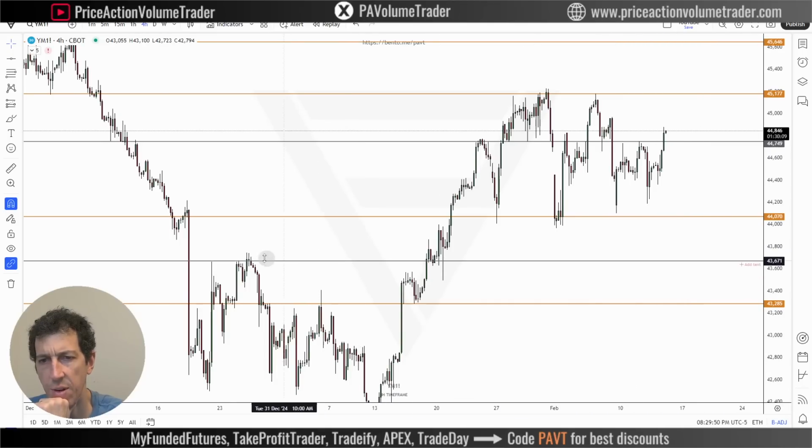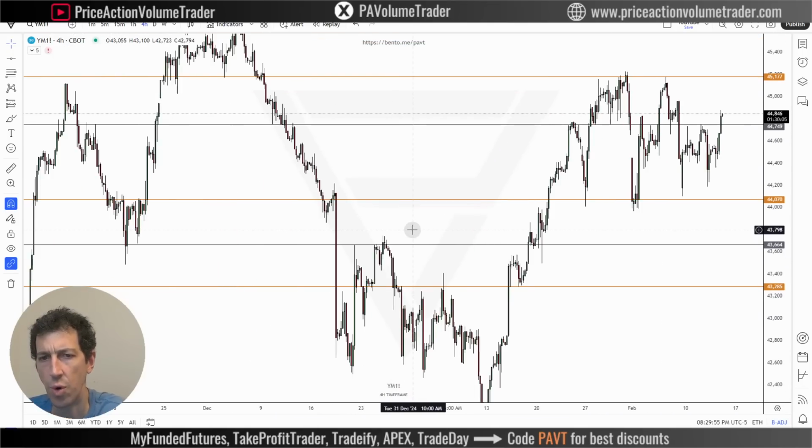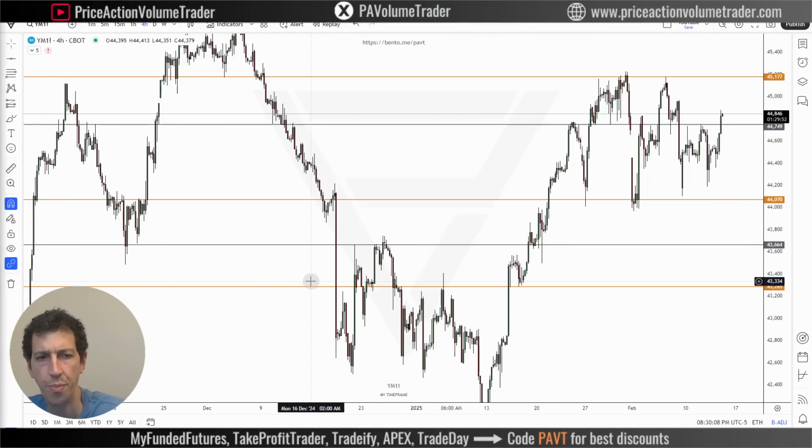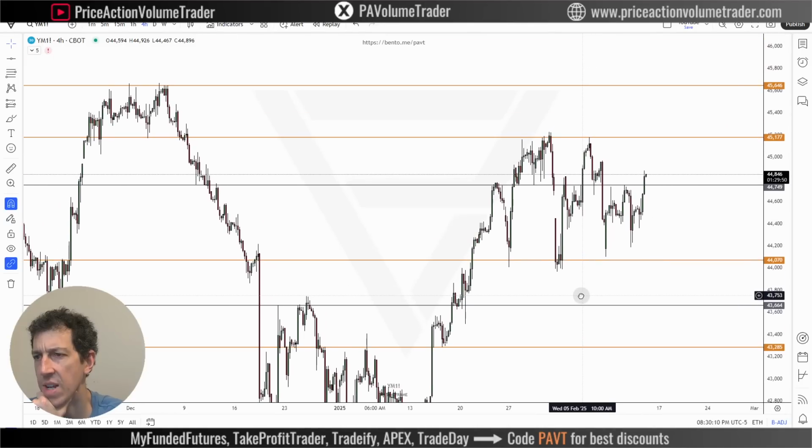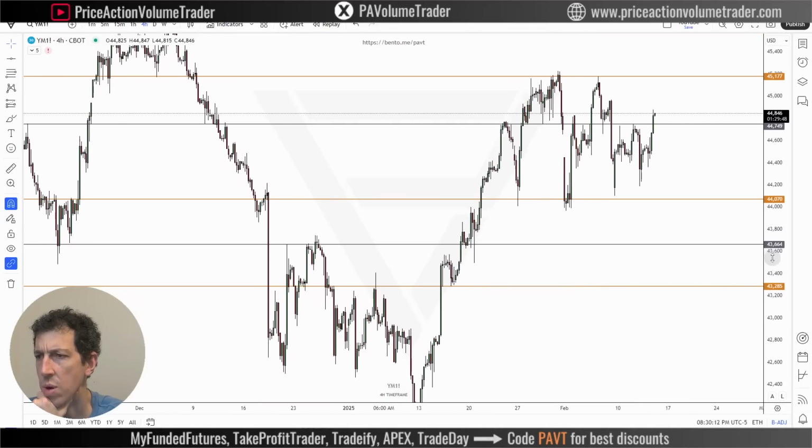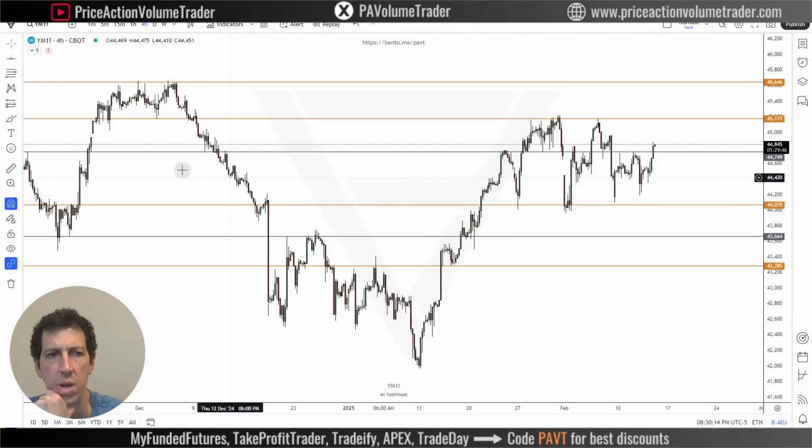You can see from this level here, we're capturing these lows here, these resistances, and then we broke and we used it as support again. Okay? So I think that's a pretty good overall area.